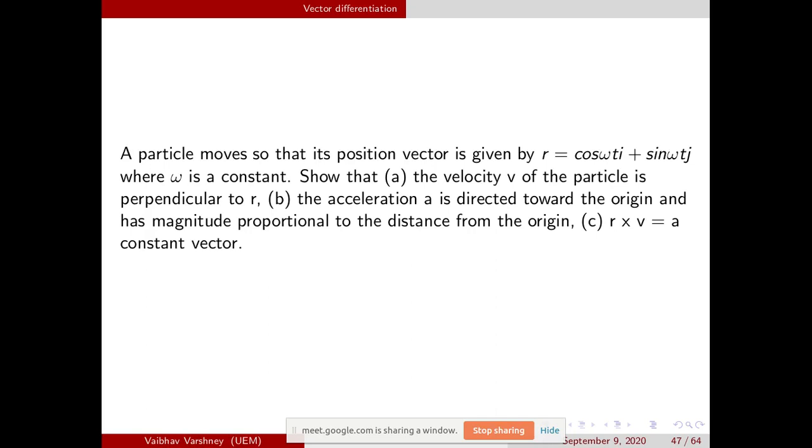Now do the dot product r dot v. Only i dot i and j dot j you have to calculate. i dot j is definitely 0.